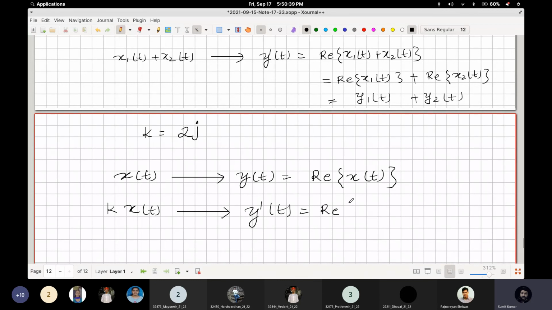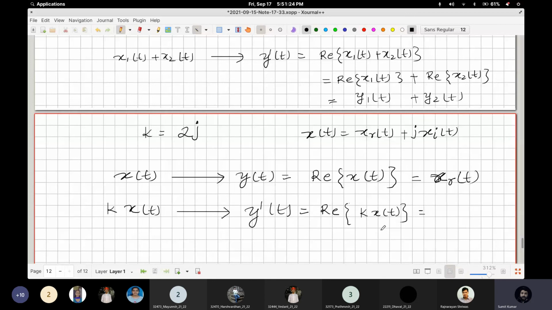Y dash t will be the real part of kxt, isn't it? K is 2j. So let's say xt is equal to xrt plus j xit.